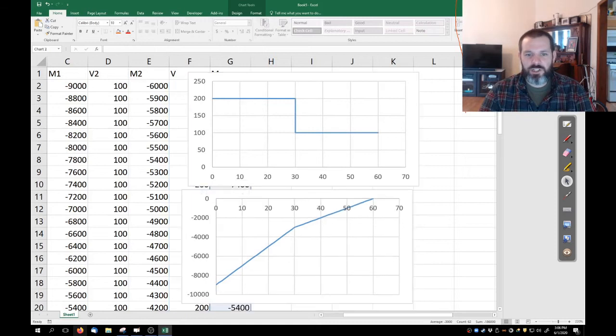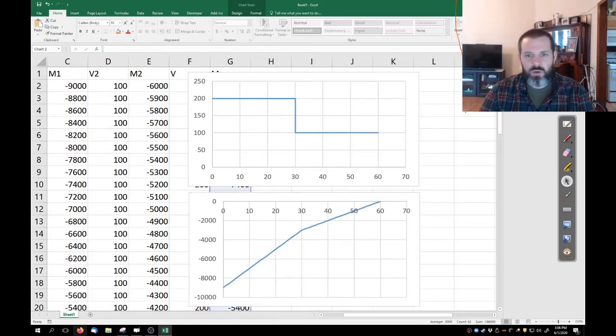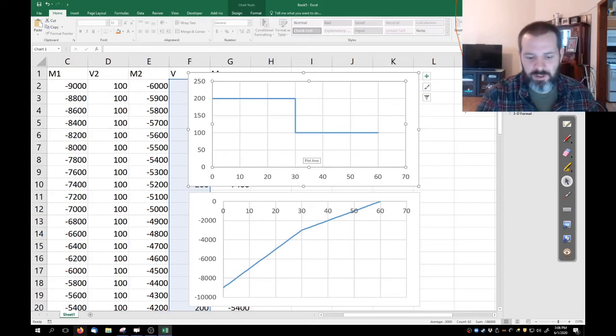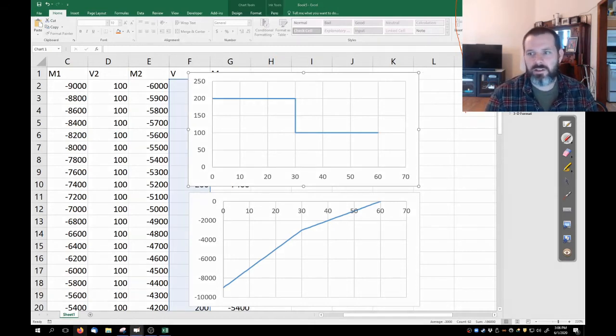Now we have graphs of shear and moment. We can go in and look and see what's happening. So if we look at our first graph, we have two constants. The first constant stays constant at 200, and right at the middle, not in the middle, but at 30 inches, which is the middle, we see a jump. It goes from 200 down to 100.